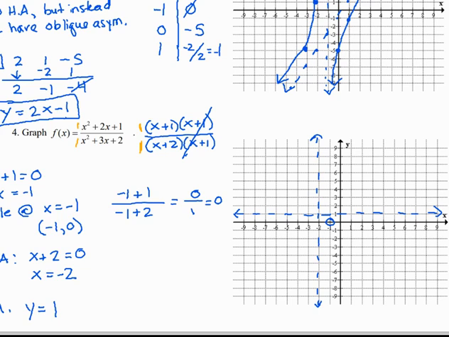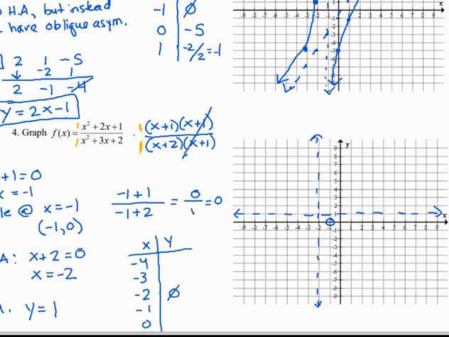Now we're going to go find all of our test points. So we base it around that vertical asymptote, which was at negative 2. So I'll test things like negative 1 and 0, and negative 3 and negative 4. And we'll plug those in.